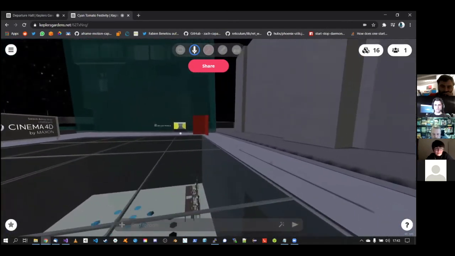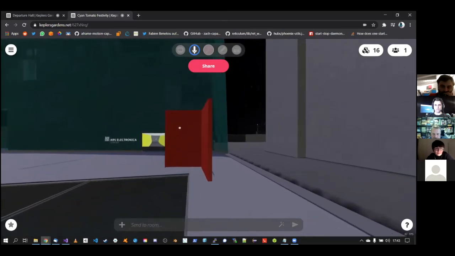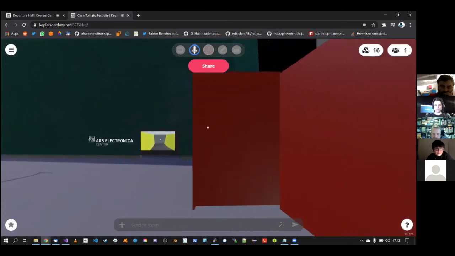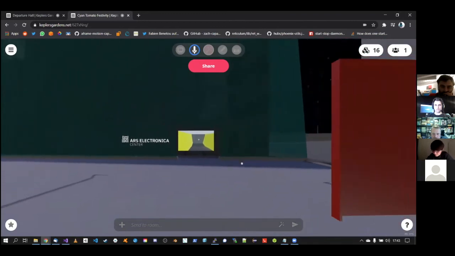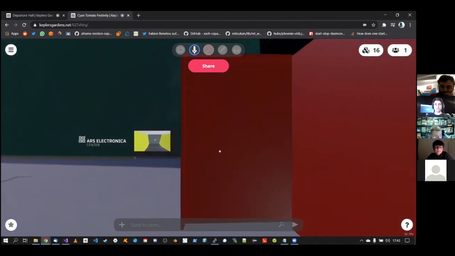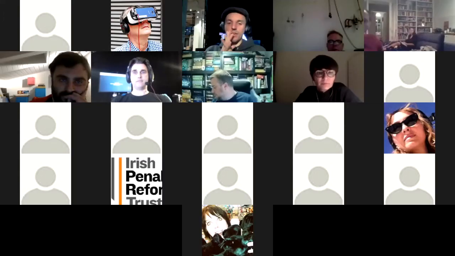Together with Future Lab, we created a door from Mozilla Hubs to the real Future Lab center, where you could look from Hubs into the real center and communicate with people, and from real life into the virtual spaces.